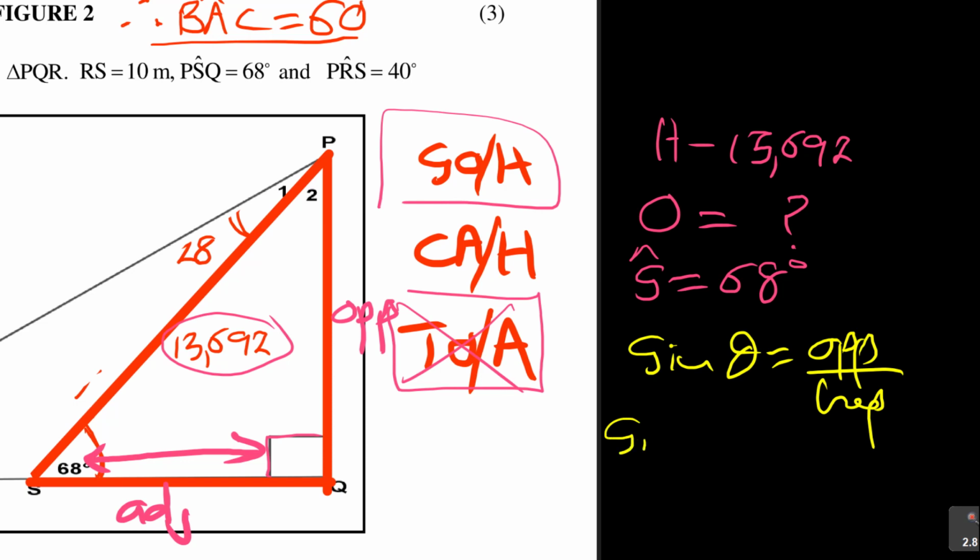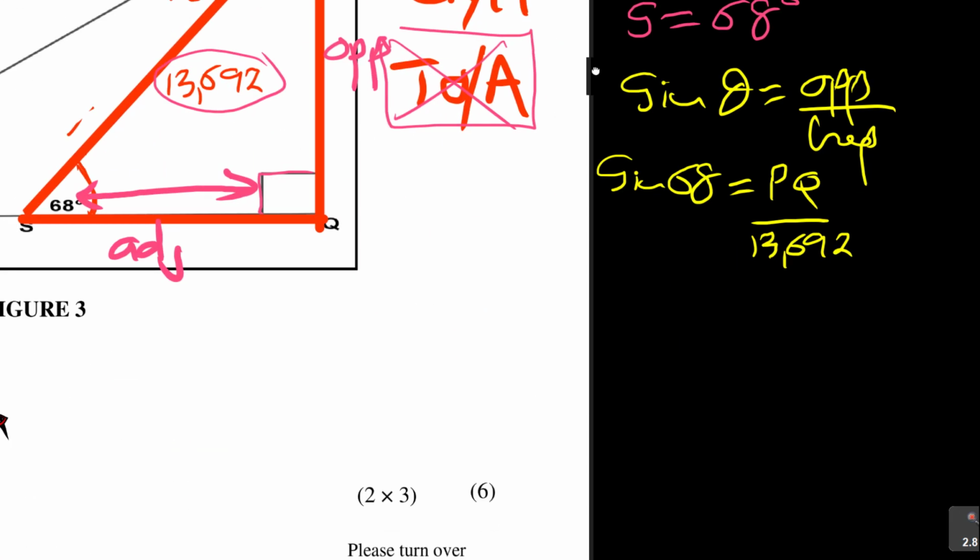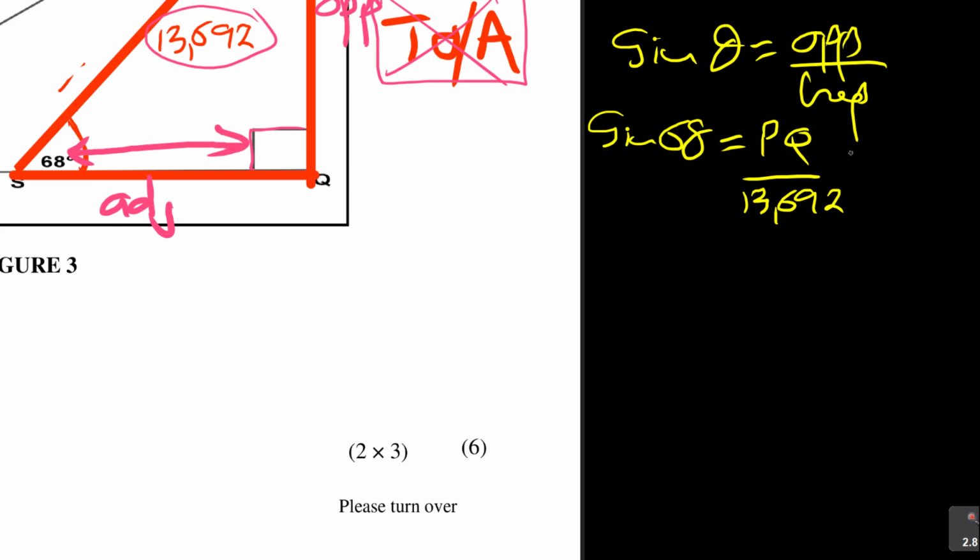Then sine 68 is equal to my opposite, which is PQ, over what is my hypotenuse? 13.692. See now how this finalizes. Then I multiply by 13.692, also here you multiply by 13.692, so that this goes, then you get your PQ.